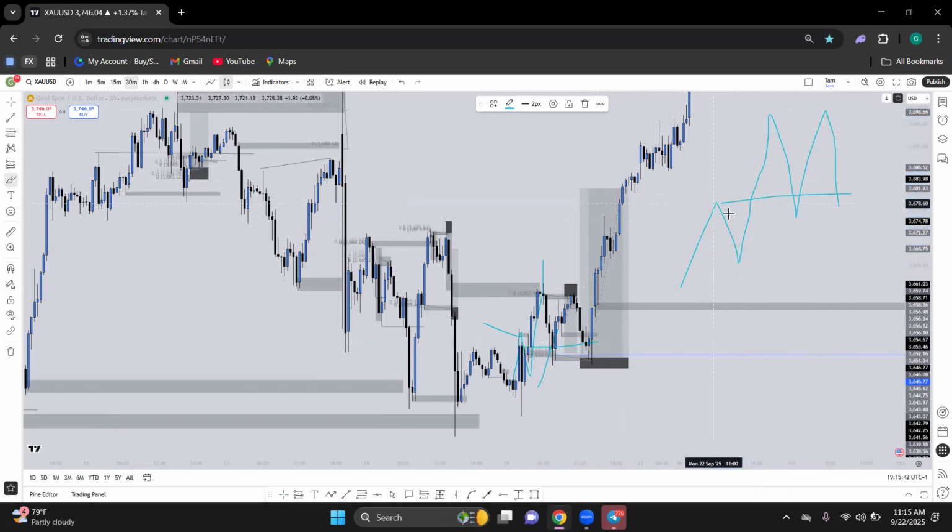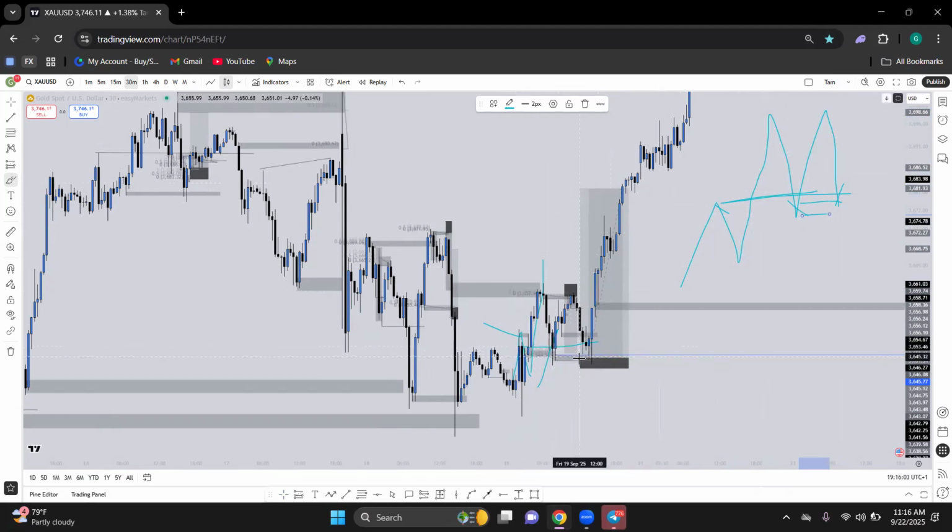Okay, so this is the first rejection, and this will be the second rejection all the way from this particular level, having a valid demand zone at this point. Okay, so this is it. Price gives us a higher high, comes back down, retests this particular one, and yeah, came back into this expansion all the way to the upside.